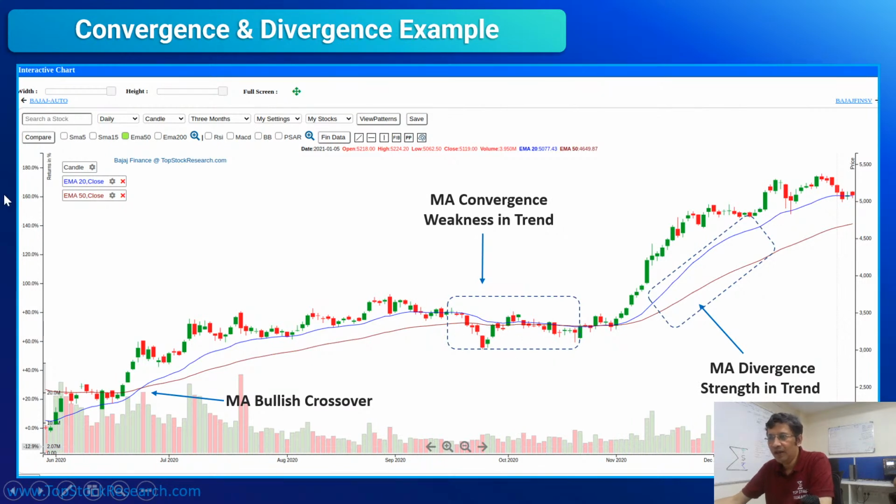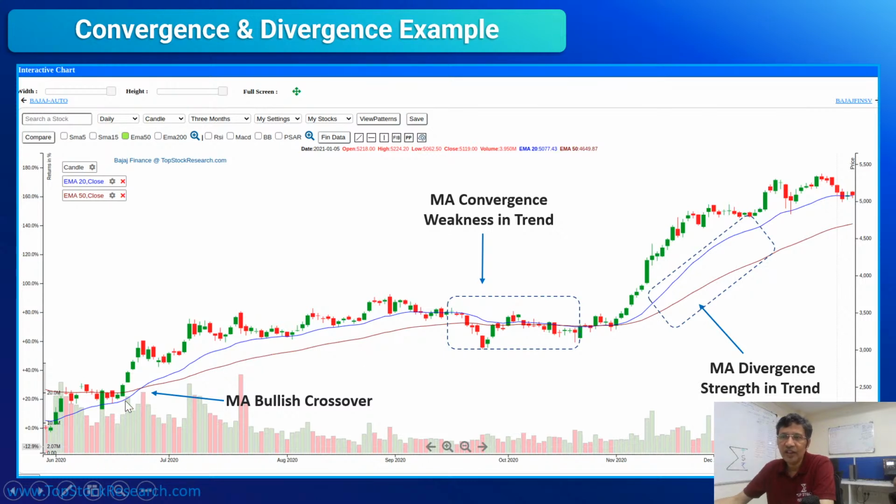This is the place where certain caution needs to be there. A few things can be done here: either you can book some of the profits out here when they are about to converge, which means it's changing direction, or you can book partial profit, or you can exit, or you can wait for some other signals to happen, right?